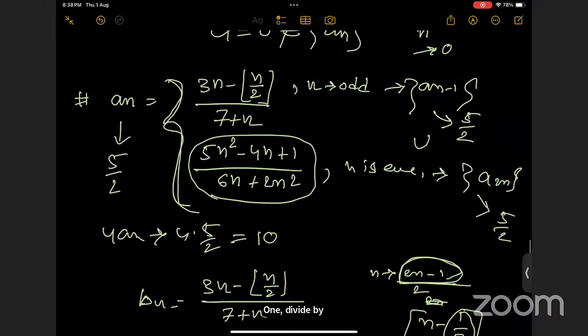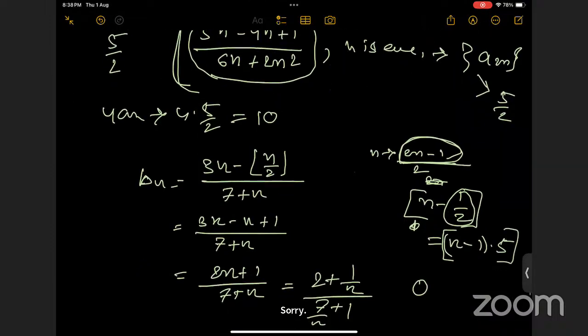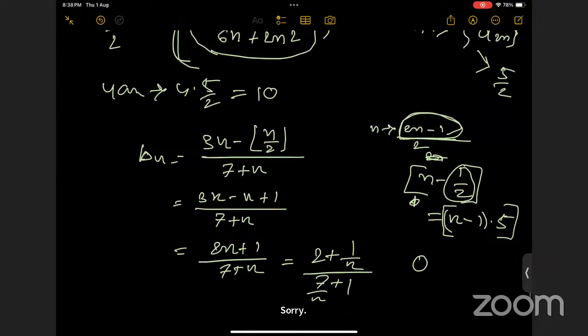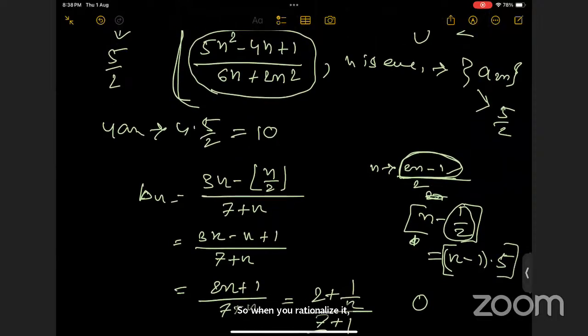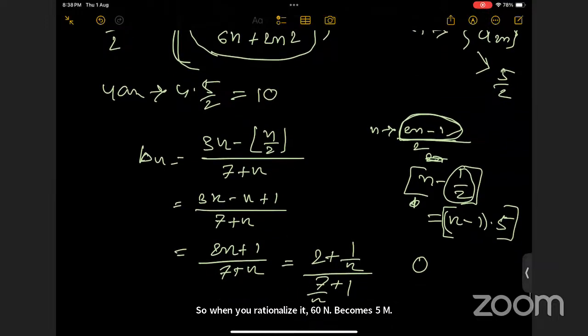It comes like that. See, the floor function will be replaced by n minus 1 divided by 2. So when you rationalize it, 5n comes out, and in the denominator you will get a 2. So it works out to be 5 by 2.